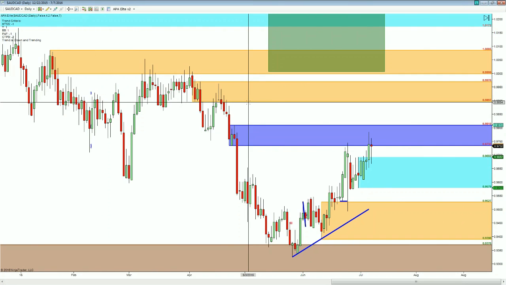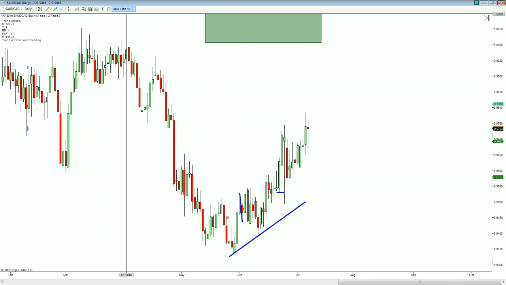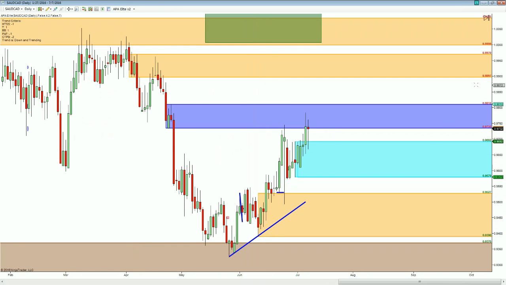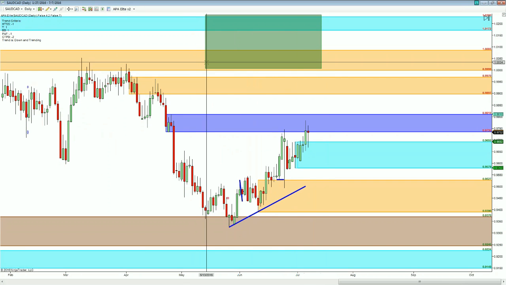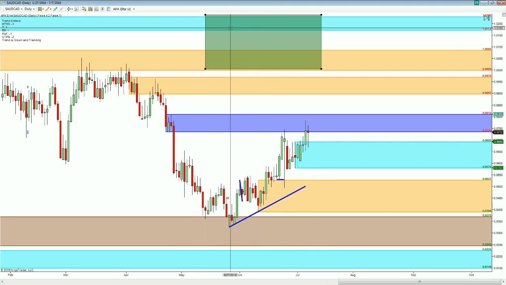Now here on our daily chart, which I consider our context chart, let me point that out to everybody. This is the big weekly level up here, and you can see the two different fractal daily resistance levels up there.